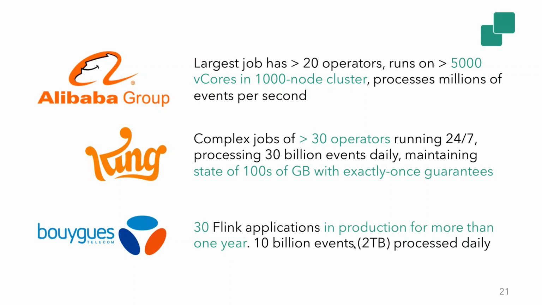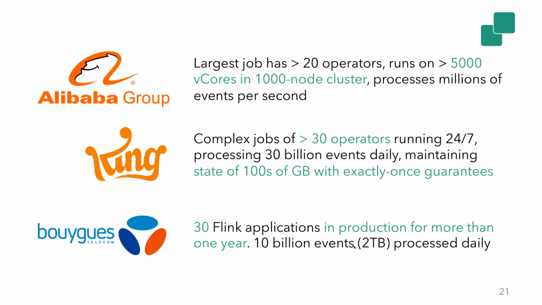They're running a system that is based on Flink, they call it Blink, that powers the recommendations behind Alibaba search. The largest job that they're running has more than 20 operators. It's running on a cluster of 1,000 nodes, and it's processing millions of events per second, and it is very useful to the company's bottom line.